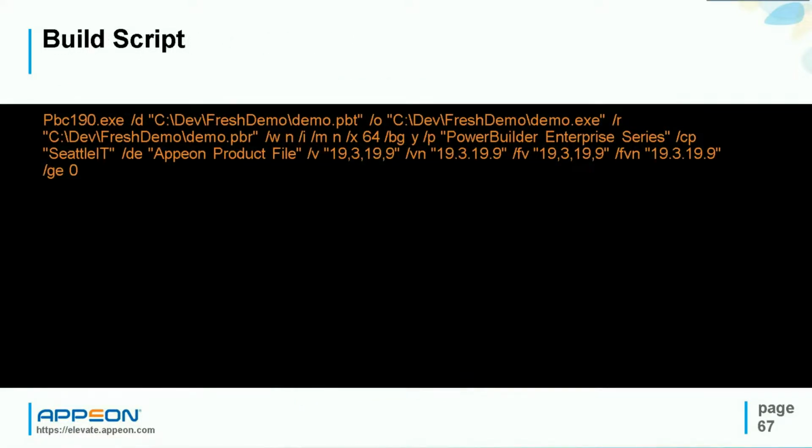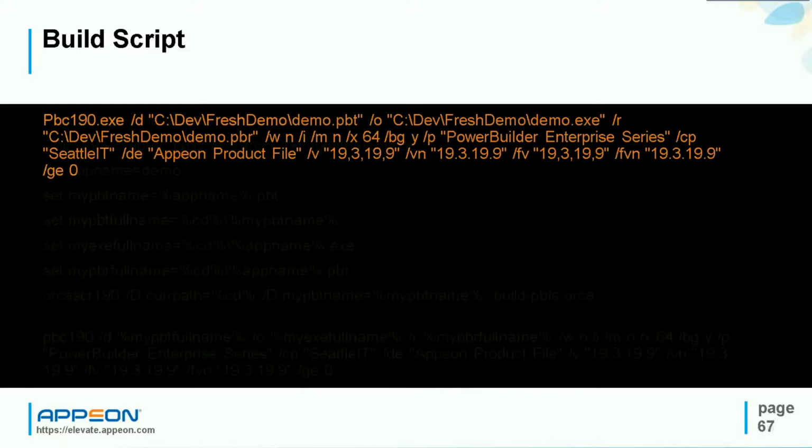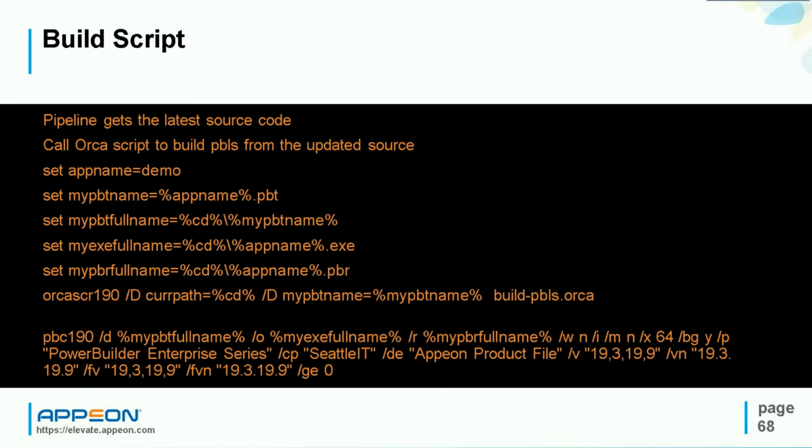So this is the build script. The whole build script is basically just setting up a bunch of variables. The name of my target is demo. That's the only value that's hard-coded in here. Everything else is a parameter.